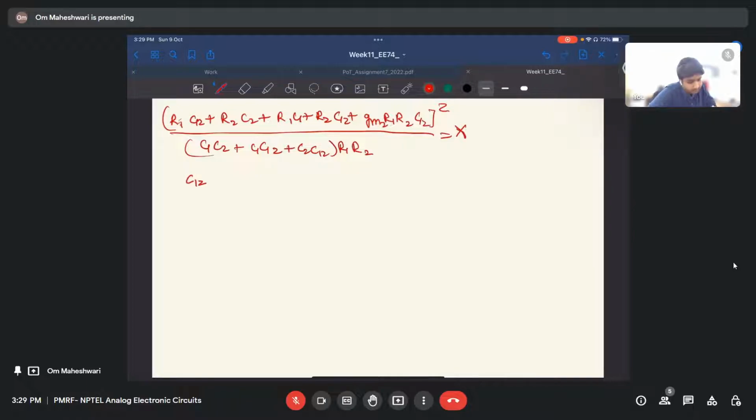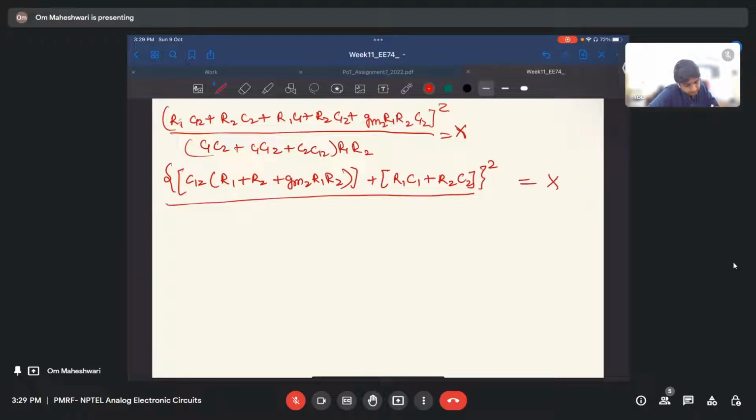C12 times (R1 plus R2 plus GM2 R1 R2) is one C12 term, plus we have something else, (R1 C1 plus R2 C2) whole square in the numerator, plus 2x divided by, taking C12 terms here also, C12 (C1 plus C2) R1 R2 plus C1 C2 R1 R2.